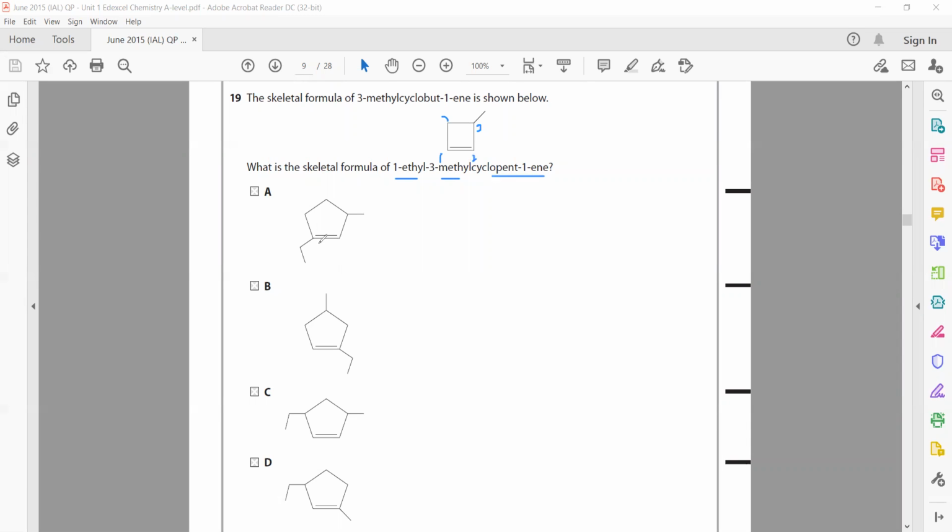If I count this as my first carbon and 2, this will not be correct. So here is the functional group as well as the branch: 1, 2, 3, 4 and 5. In the first position I have an ethyl group, that's right. In the third position I have a methyl, that's also right. It has 5 carbons, and the first 2 carbons have a double bond, so it is cyclopentene. A is the right answer.